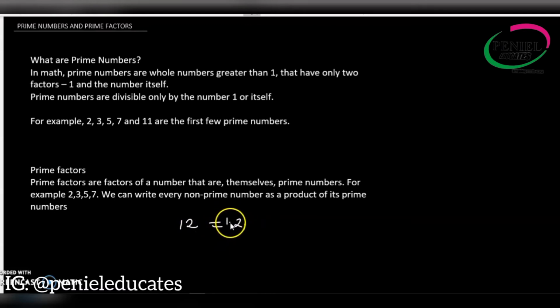Let's start with 1, 2, 3 is a factor, 4 is a factor, that is 4 times 3 can be 12. Then we have 6, 6 is a factor. Then 12 is a factor.